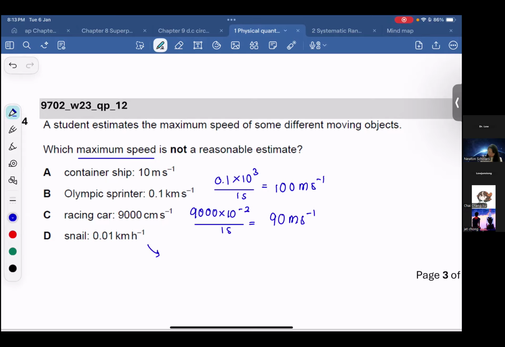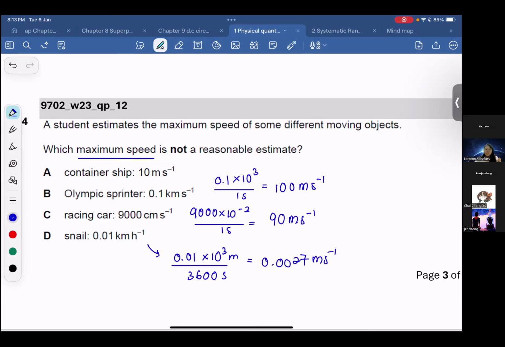For the snail, 0.01 times 10 to the power of 3 divided by hours. So I convert it into 3,600 seconds. This one is in meters. So my answer is 0.0027 meters per second. Okay, from here, A, B, C, D, which one is not a sensible estimation?